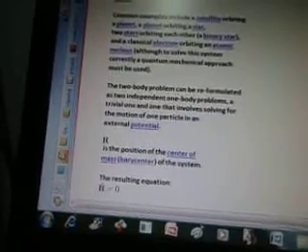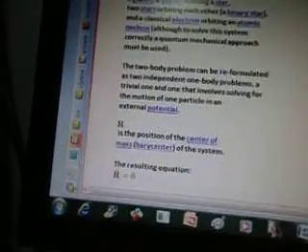The two-body problem can be reformulated as two independent one-body problems, a trivial one and one that involves solving the motion of one particle in an external potential. R is the position of the center of mass, the barycenter of the system. The resulting equation is R-double-dot equals 0.